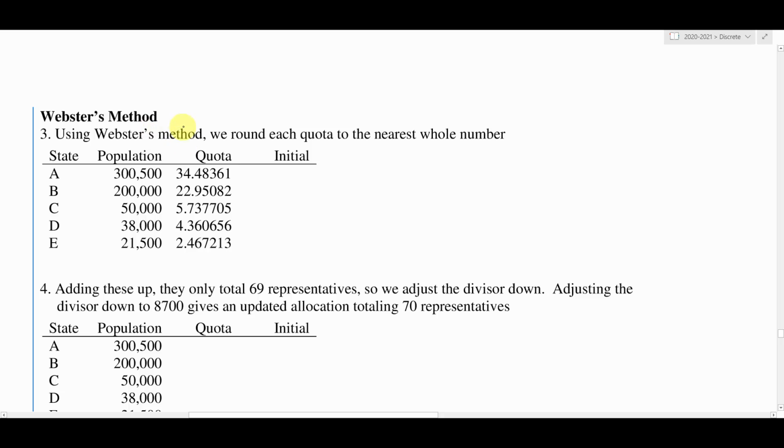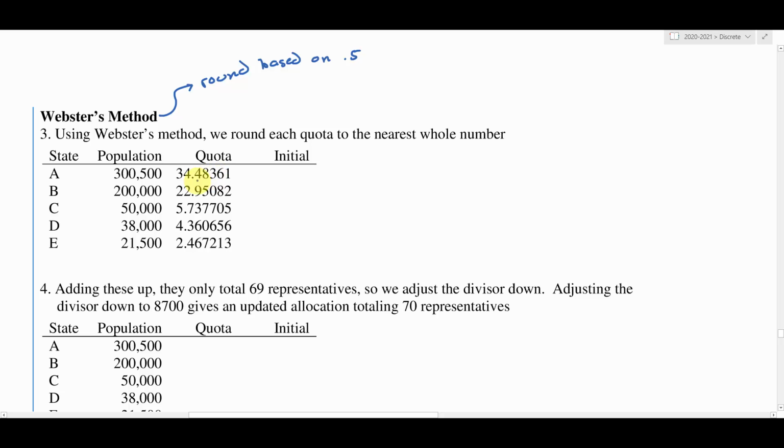Remember that with Webster's method, what we do with these quotas is round based on 0.5. So whether a quota is going to go up to 35 or stay at 34 depends on whether the decimal portion is bigger than 0.5 or smaller than 0.5.